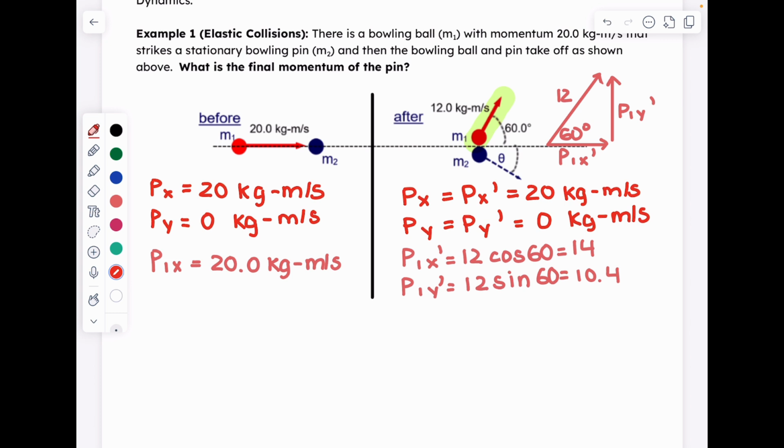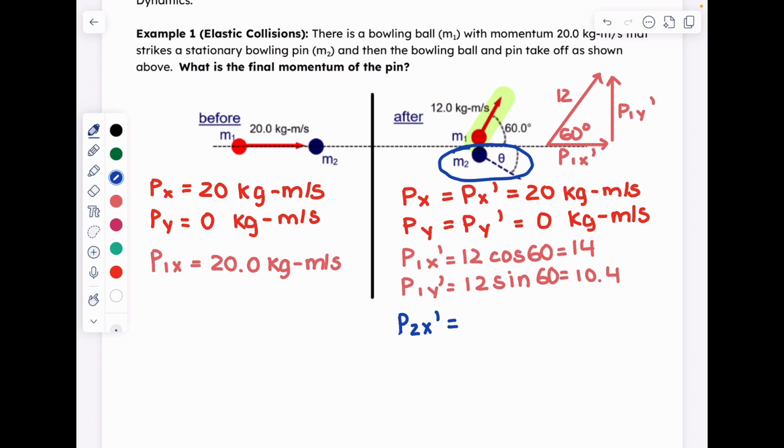So I'm going to create a formula for the x component and y component of my second object here. So the momentum of the second object in the x direction after collision is equal to what?